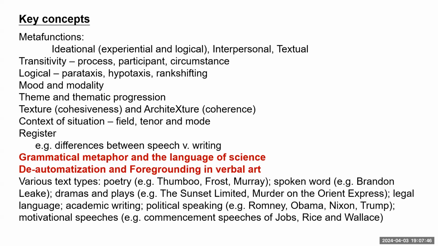The metaphorical in terms of lexical, grammatical, like in the language of science, and an extended metaphor, like we see in the text itself, that might be a kind of poetic, a novel, some kind of literature. What is deautomatization? What's foregrounding? Are they alike? Halliday was suggesting that, in fact, deautomatization is the same as foregrounding.